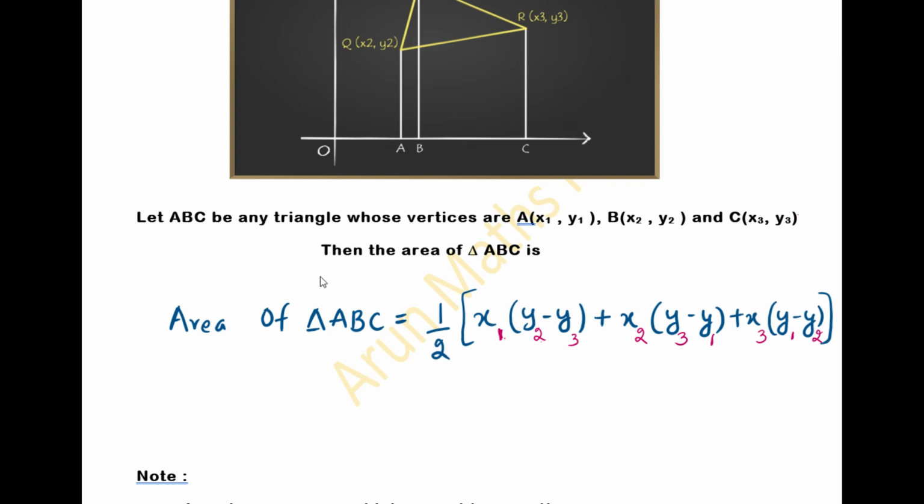I'll repeat again, do repeat with me. Area of triangle ABC when the coordinates of the vertices are given is given by the formula half into x1 y2 minus y3 plus x2 y3 minus y1 plus x3 y1 minus y2.